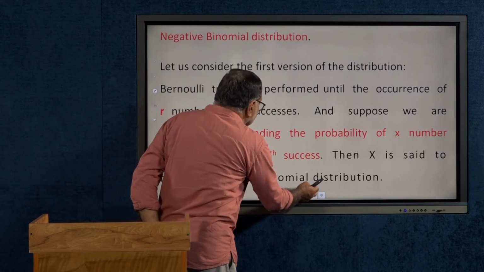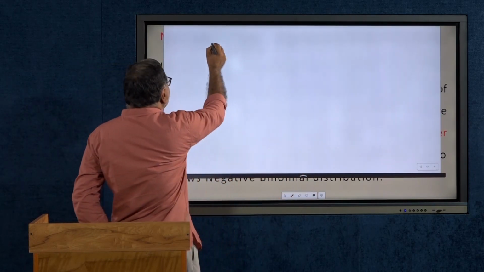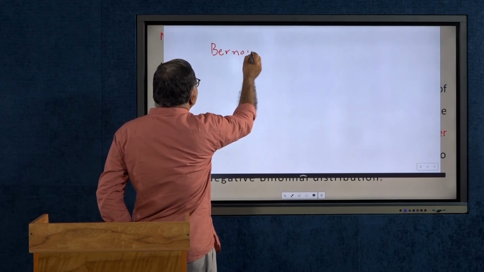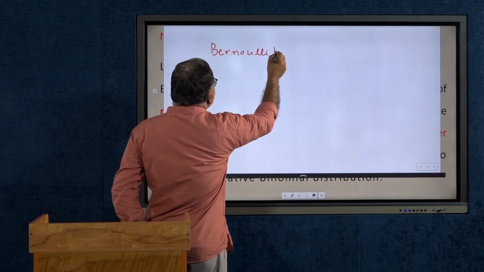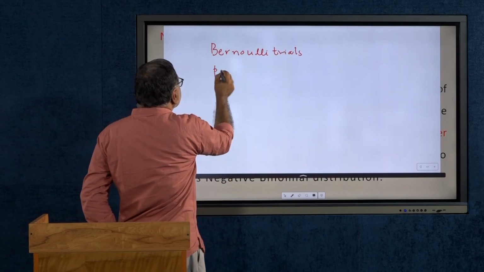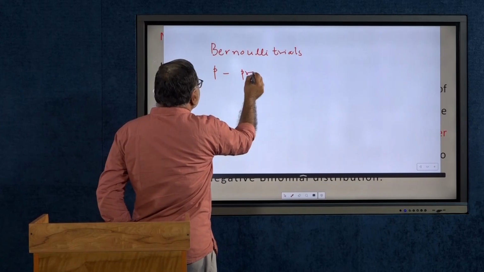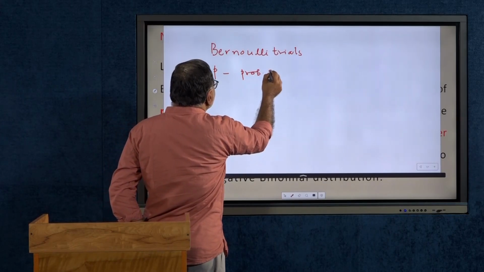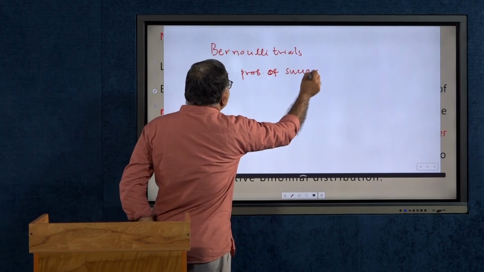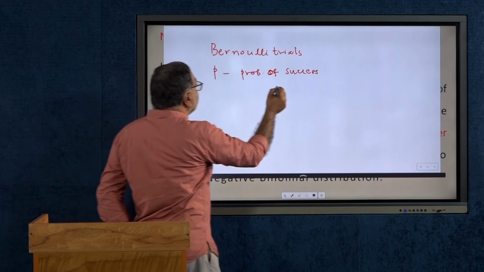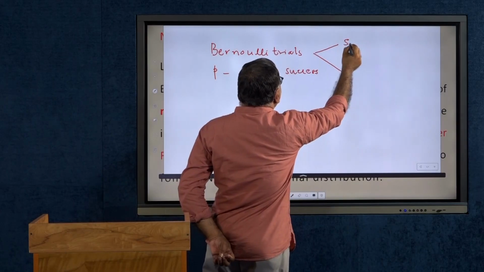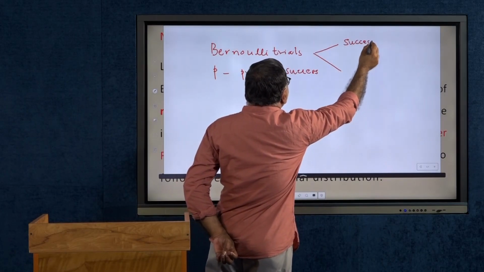So, we have the Bernoulli trials, a sequence of independent trials with a probability of success p, and in the Bernoulli trials we know we have only two outcomes, success and failure.